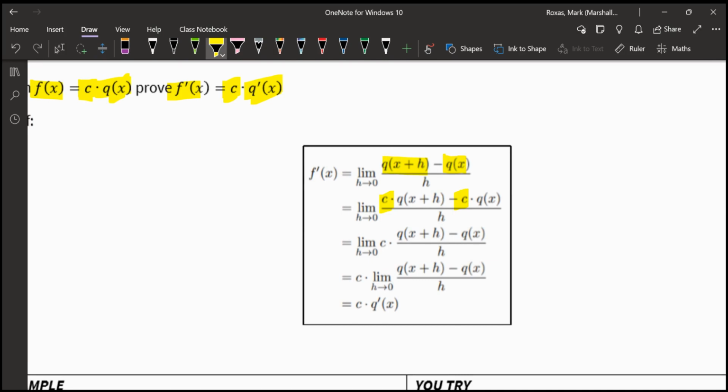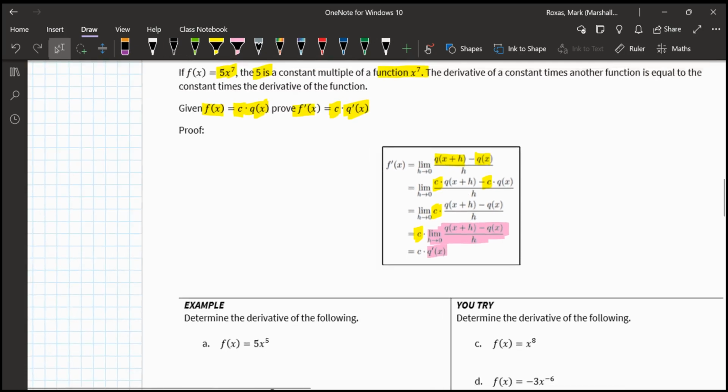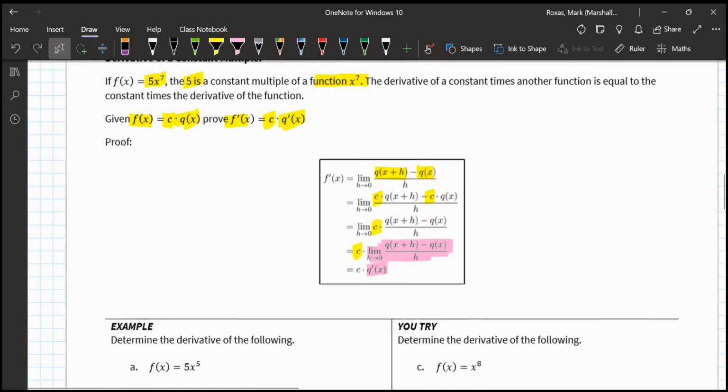You can factor out that constant, and then you can bring that constant outside the limit. Okay? And then everything else you see here is just the limit definition of a derivative if the function is q of x. And so that can now be replaced with q prime of x. That's a pretty simple proof for a simple kind of derivative rule.